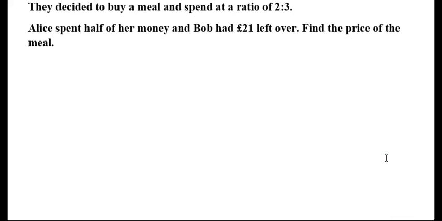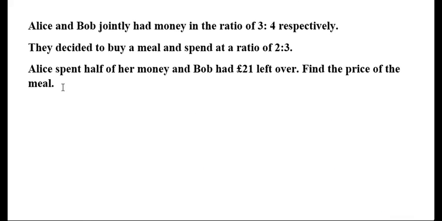The question says after they buy the meal, Bob had 21 pounds left. That means 7 parts of the money must equal 21 pounds. So we can get 1 part of money must equal 3 pounds.